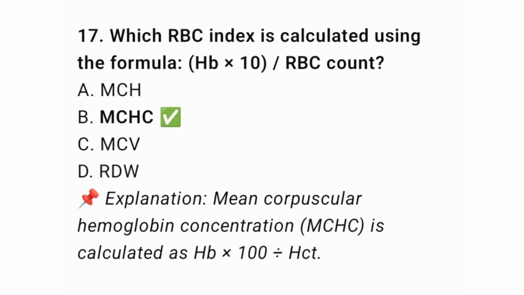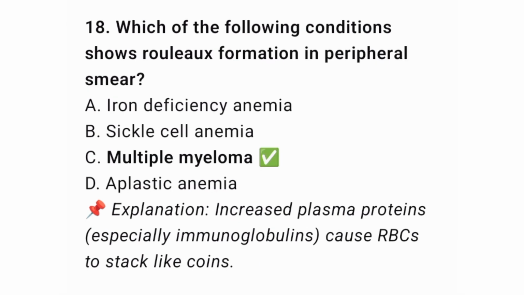Which RBC index is calculated using the formula Hb into 10 by RBC count? MCHC, mean corpuscular hemoglobin concentration.